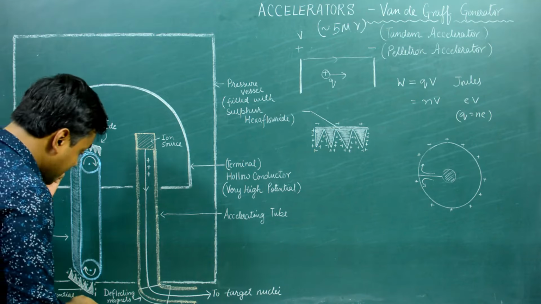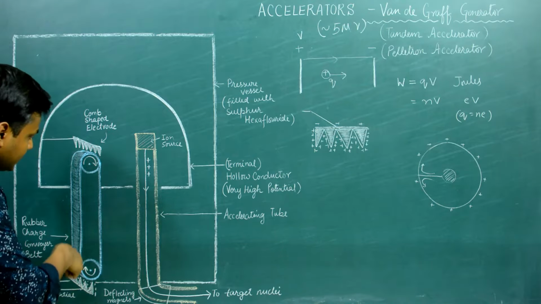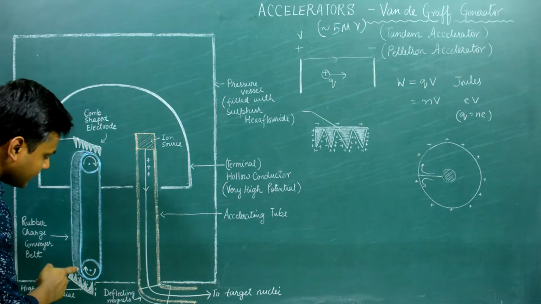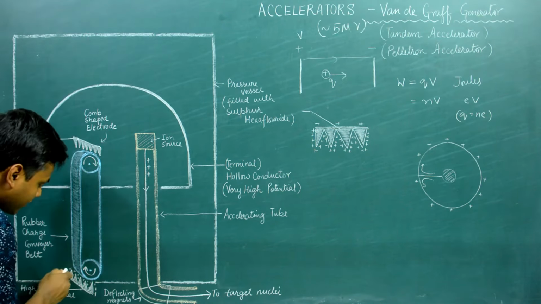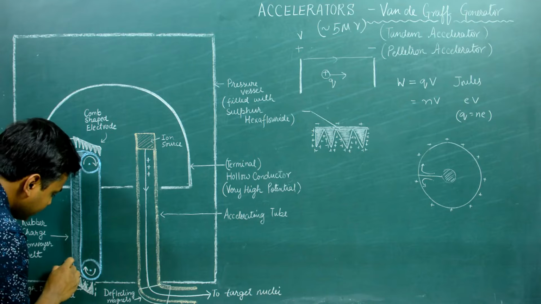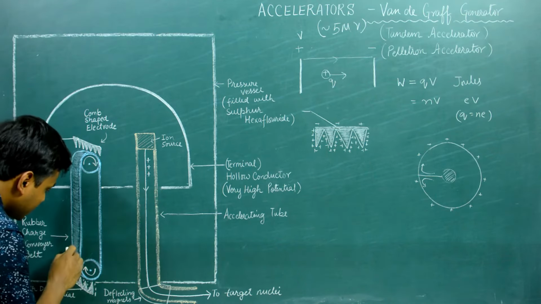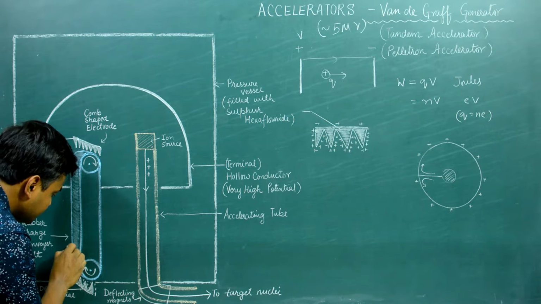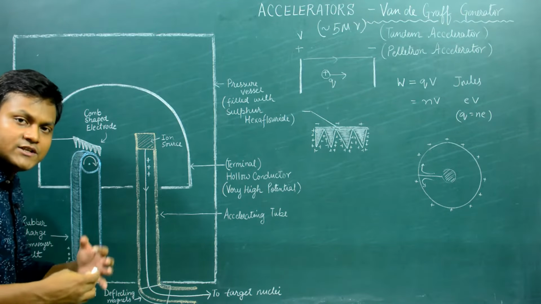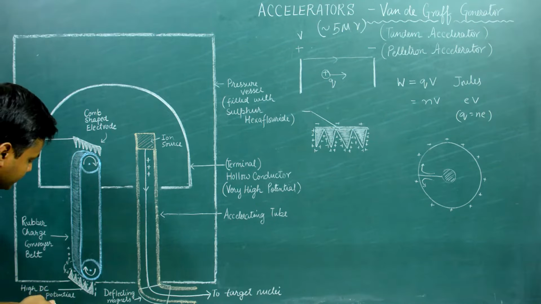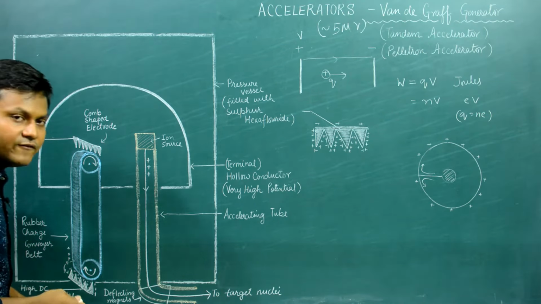Now, because of these positive charges, and since initially the conveyor belt is neutral, the negative charges from the conveyor belt will now transfer to the electrode, which will basically make the conveyor belt in this region positively charged. Yes, so in a way there is a transfer of positive charge which has happened from this high DC potential to the conveyor belt.